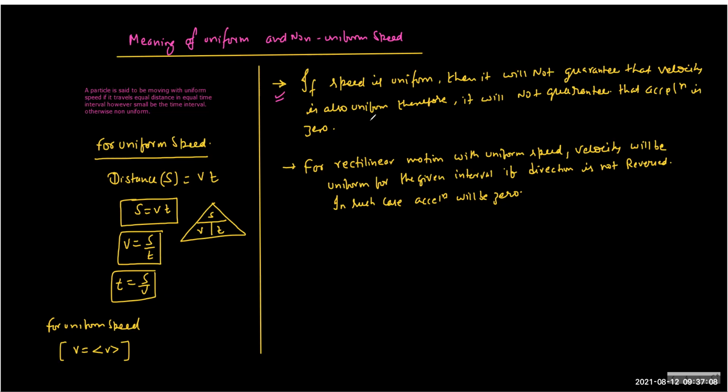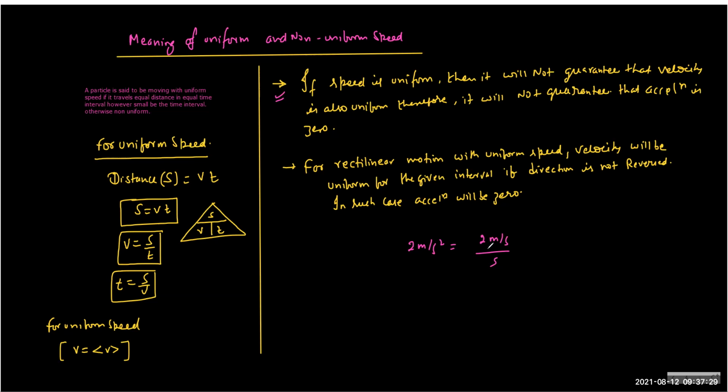Let's go back to the very basic notion of acceleration. When you write acceleration, let's say you're writing 2 meters per second squared. Now, 2 meters per second squared can be thought of as 2 meters per second per second. If you read this carefully, you will understand the meaning of acceleration.